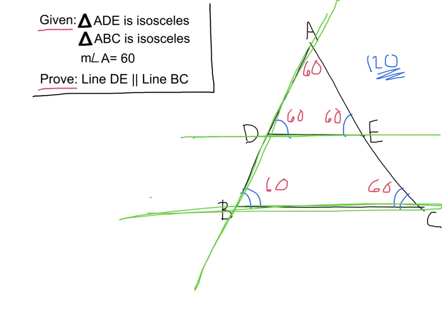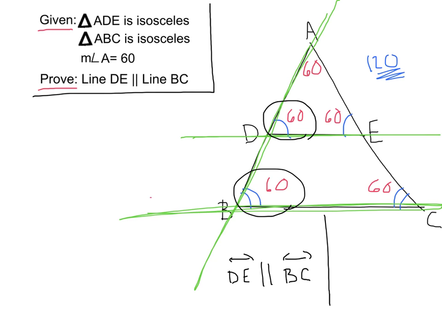So, for my final statement and reason here, I can say that line DE is parallel to line BC, and my reason would be because these angles are congruent to one another, that would just be congruent corresponding angles. And that's kind of the essence of these proofs.